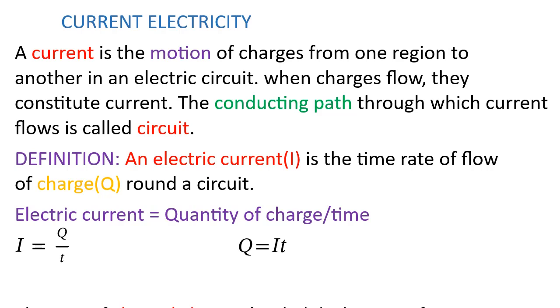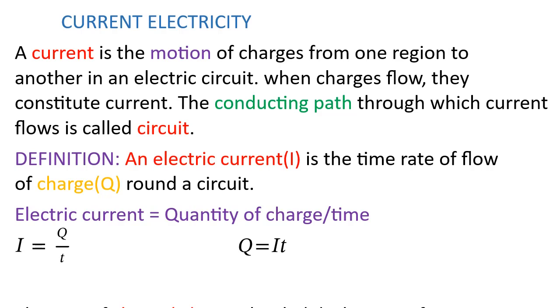In the previous class, we did static electricity, and when we talk about static electricity, we are talking about charges that don't move. They remain in the body. But when these charges start moving, they now constitute what we call current.